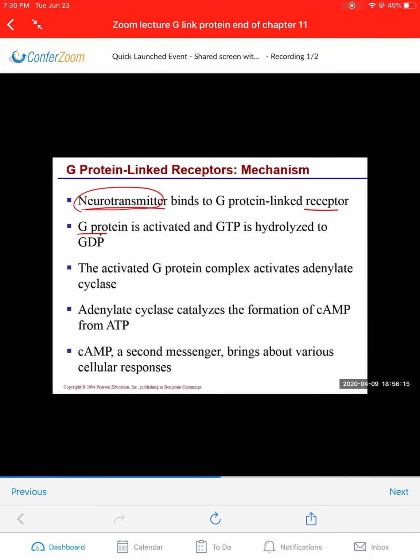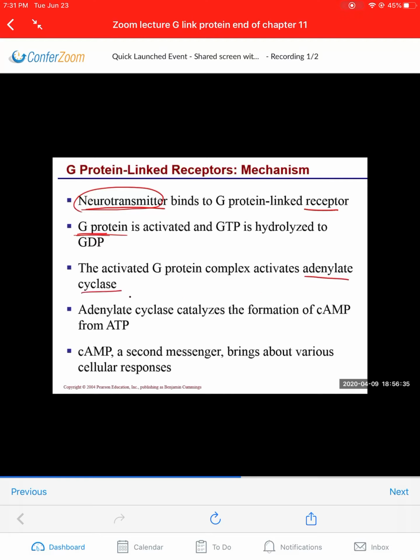Guanosine diphosphate, guanosine triphosphate, it's a similar idea. But basically, this G-link protein gets activated, and as a result, that could trigger other things to get activated, like adenylate cyclase.